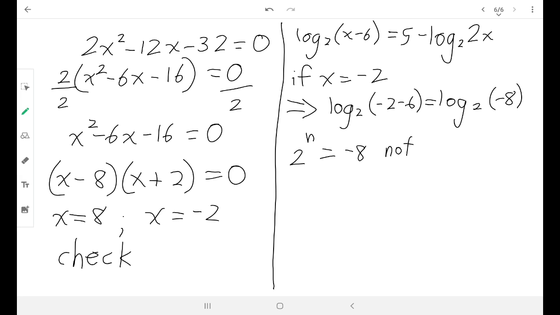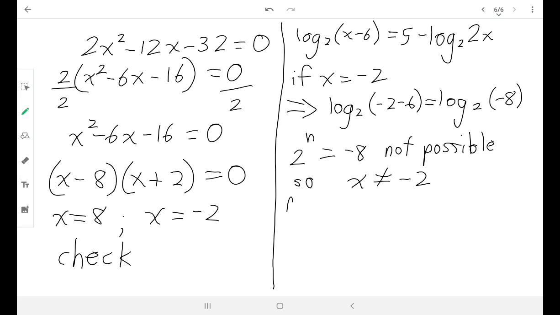This is not possible. So, x cannot equal negative 2 because if even one part of the original equation isn't possible to do, we have to throw it out.